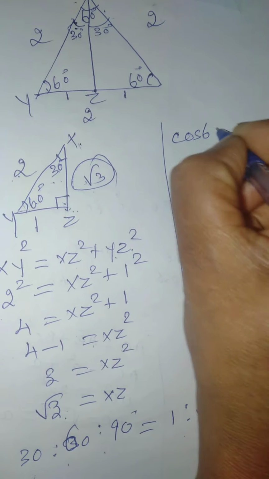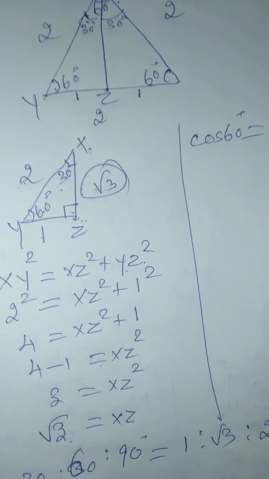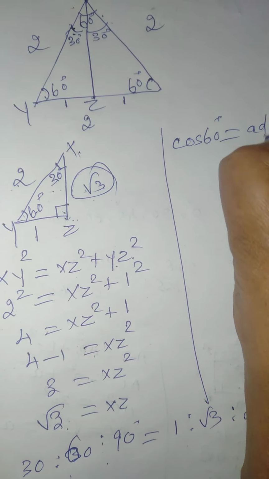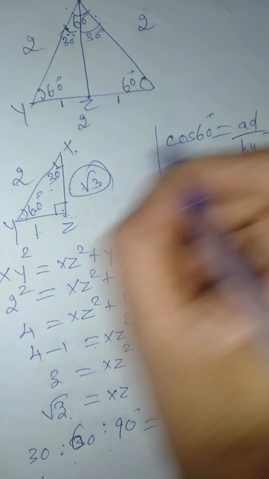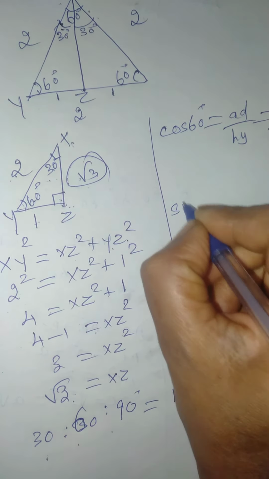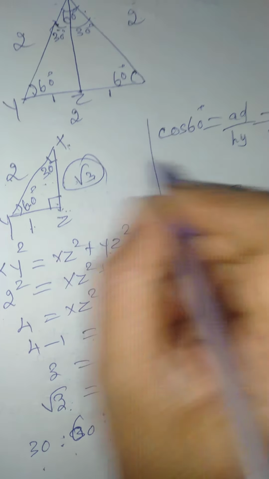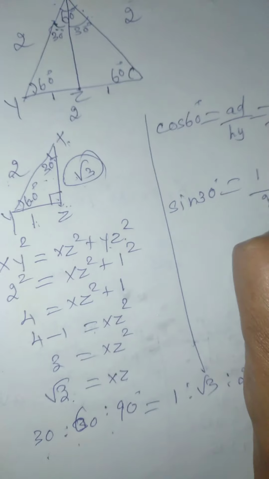Suppose you want cos 60 degrees. The formula is adjacent by hypotenuse. So for 60 degrees, adjacent is 1 and hypotenuse is 2. We can go for sin 30 degrees. Sin 30 degrees: opposite is 1 and hypotenuse is 2.